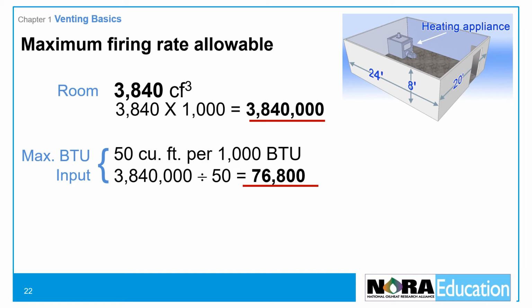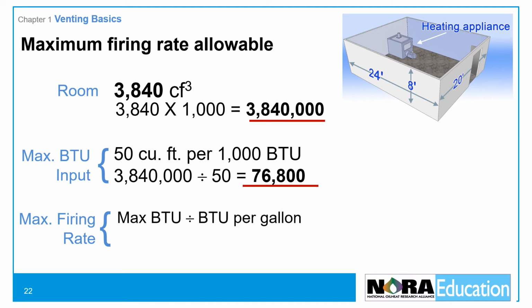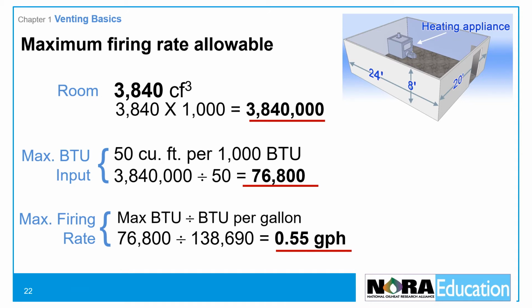Now let's find the maximum firing rate. Since 1 gallon of oil contains approximately 138,690 BTUs, we can determine the maximum allowable firing rate by dividing 76,800 by the 138,690, and that'll come up with a value of 0.55.